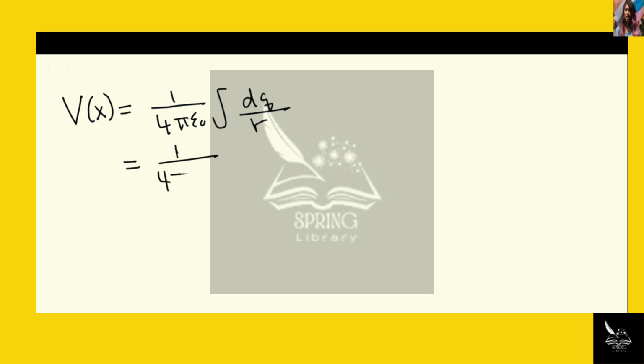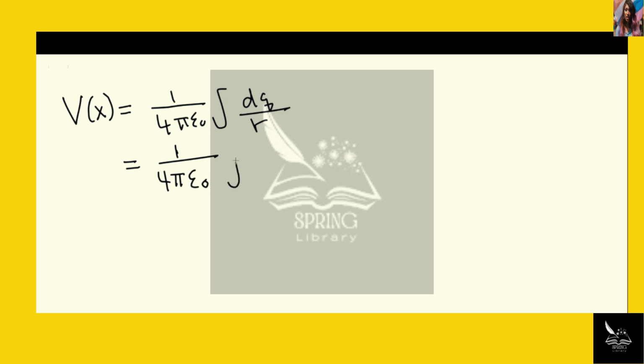So the total potential on the x-axis is going to be the integral. It is simply 1 over 4 pi epsilon naught, integral of little pieces of charge over the distance to that piece of charge, which for little rings of charge, what's kind of nice is that our distance is consistently the same on axis.